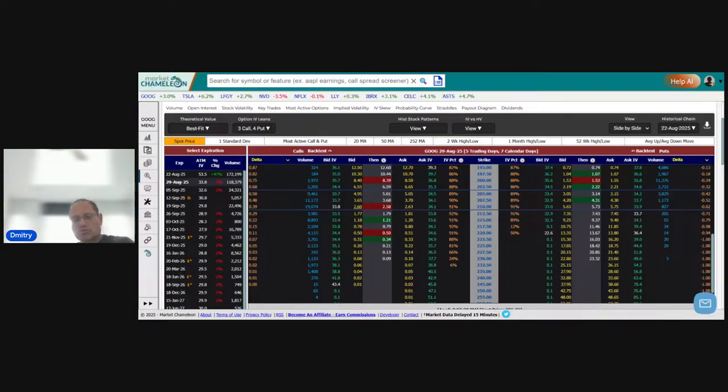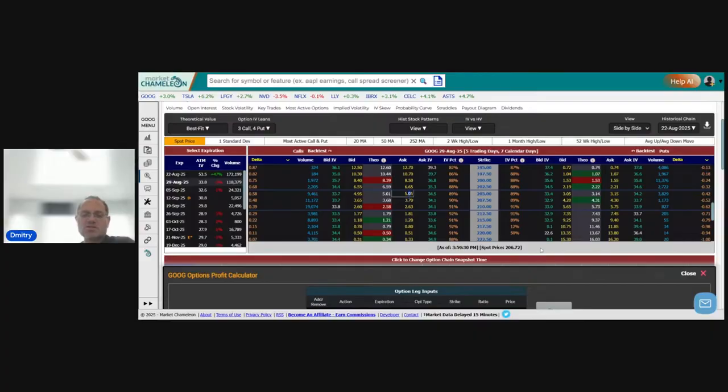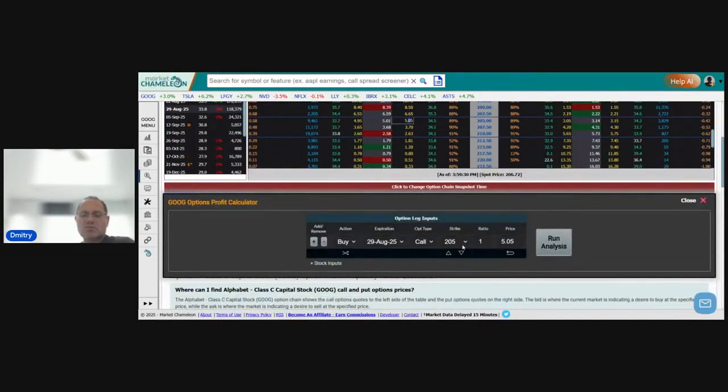So the idea here is, let's say we're looking at a call spread and we're going to line it up, and let's create a bullish call spread. What's a bullish call spread in Google? You're buying one call option. Let's do a 205 call. Over here we see the 205 call. We're going to buy it, so we click on the offer, and this brings up the first leg of our call spread.